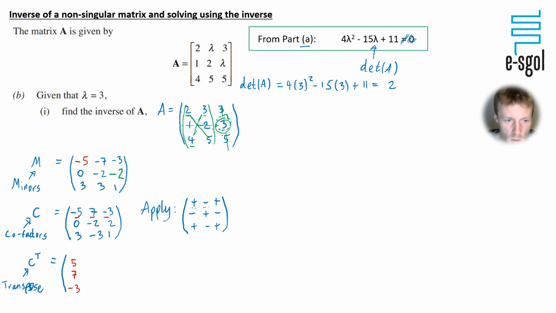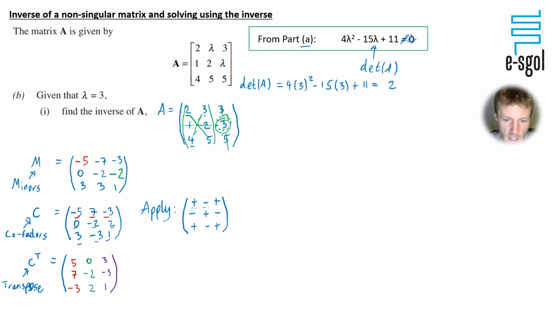I've just turned it into a column. Same here, 0, negative 2, 2, and then the last one, let's do it in this colour, 3, negative 3, 1.